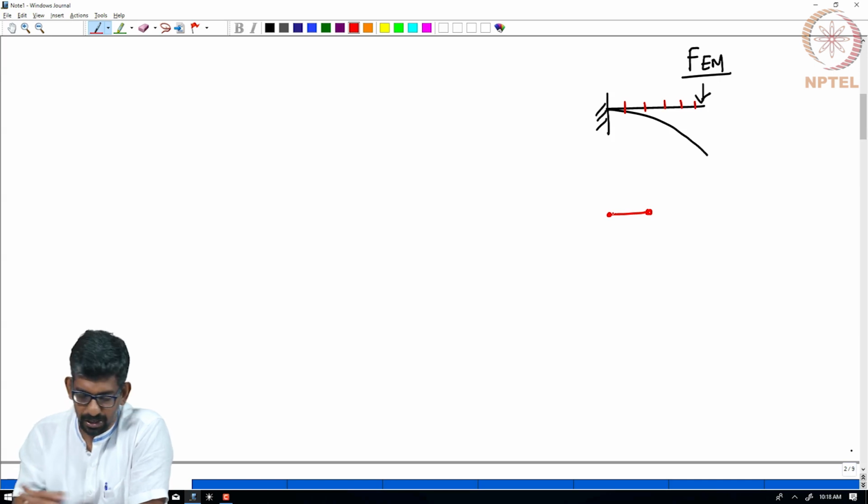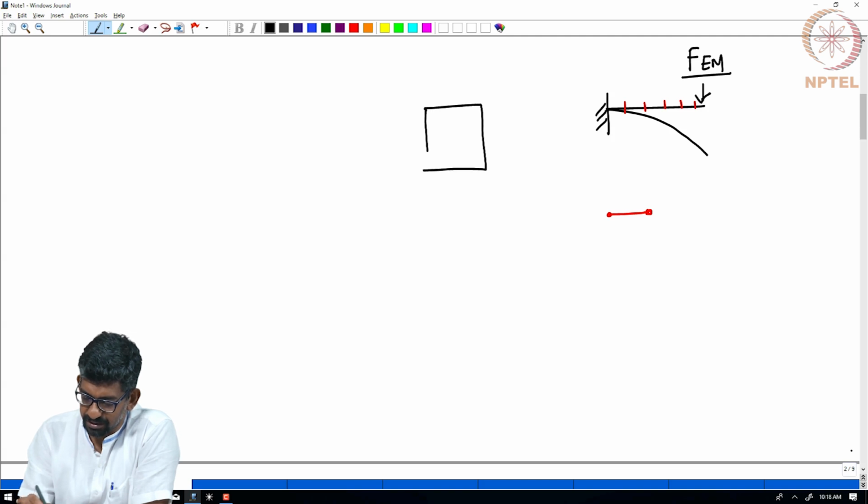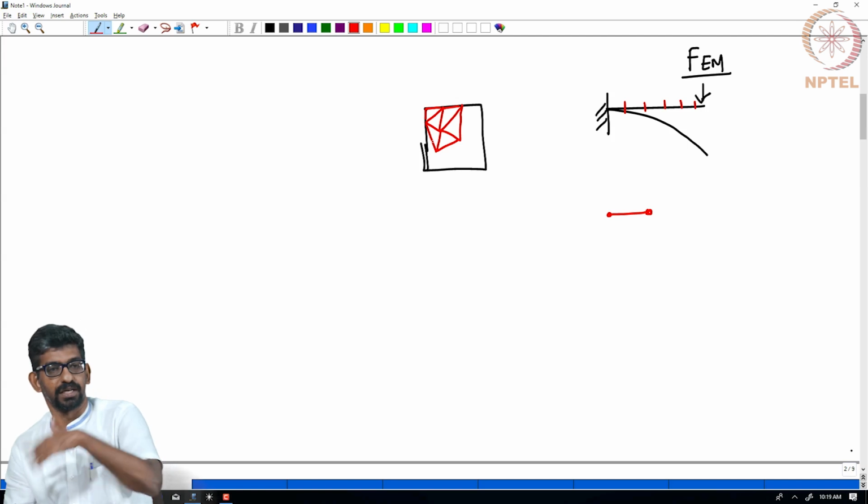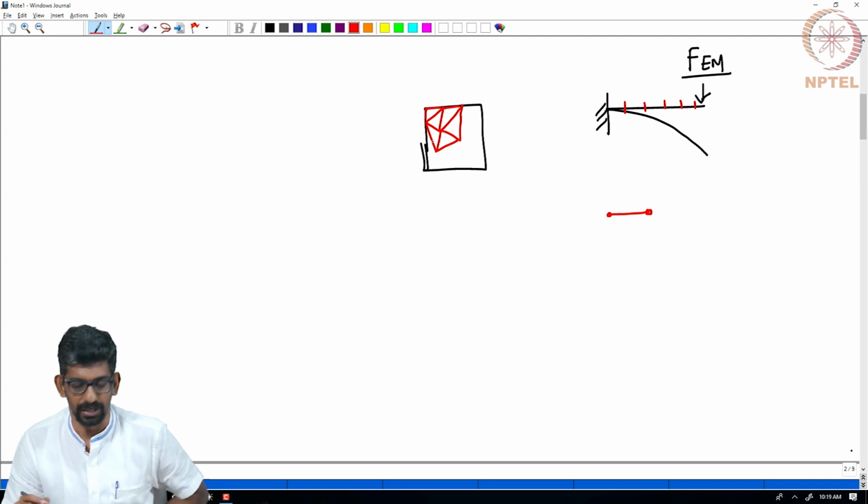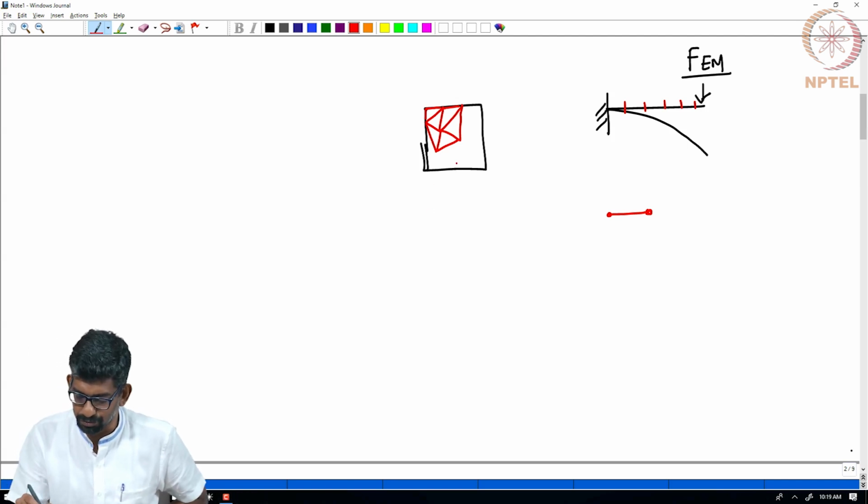And if you had a surface, then the surface can be approximated by triangles, for instance. I can keep approximating this structure into triangles, and I can also use a rectangular approximation if there is a need.